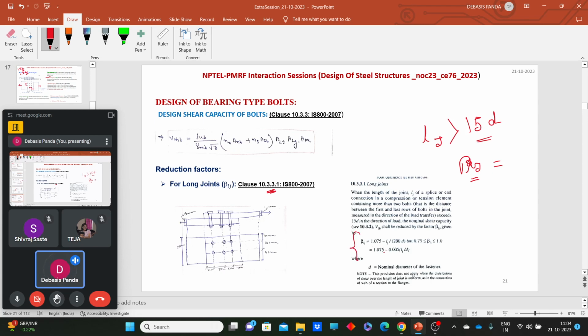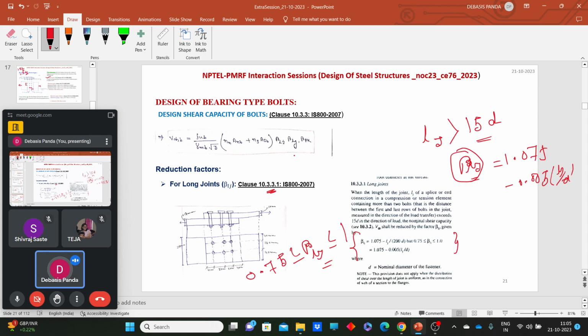Here the formula is given: 1.075 minus 0.005 Lj by d. The beta Lj value has an upper bound and a lower bound as per our code. The lower value of beta Lj is 0.75, and the value should not be more than 1. So this is for long joints.